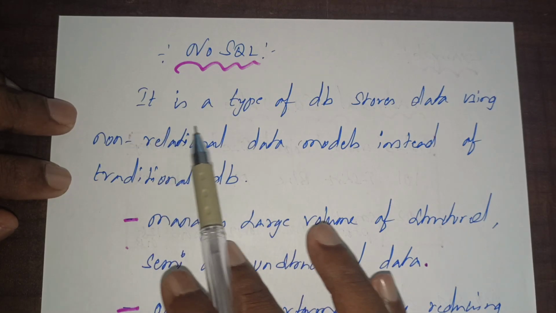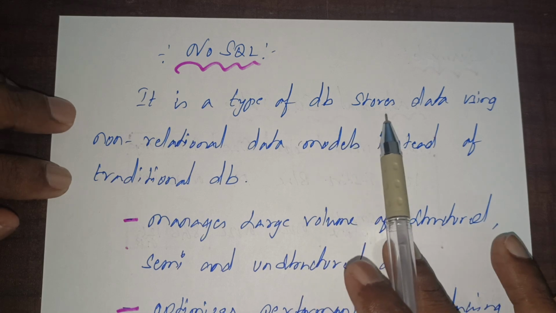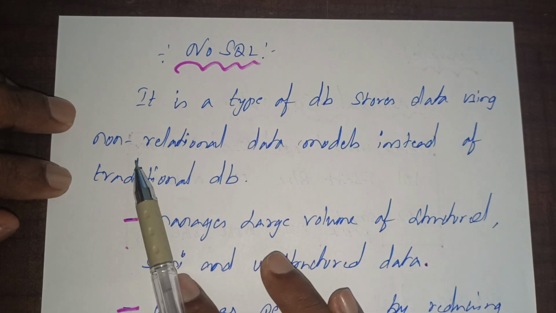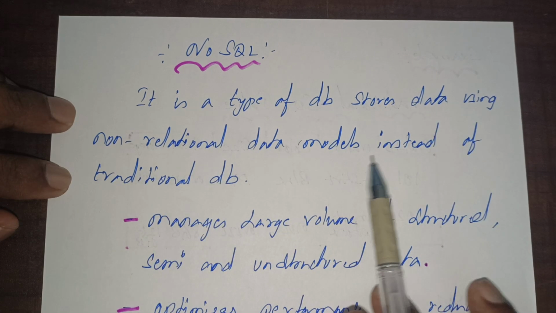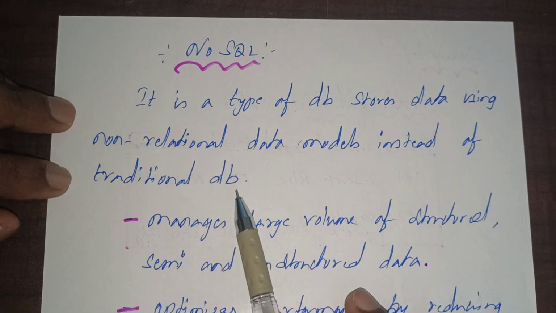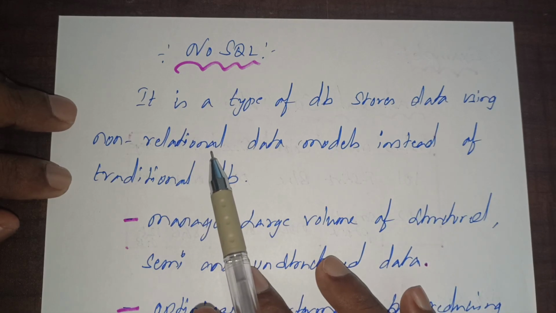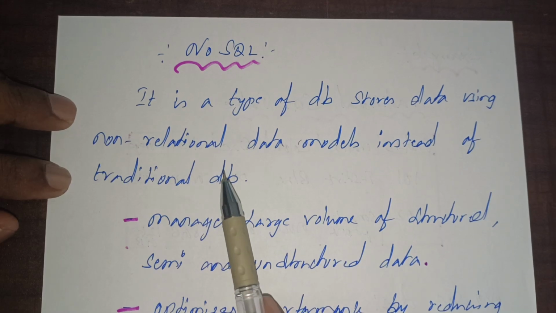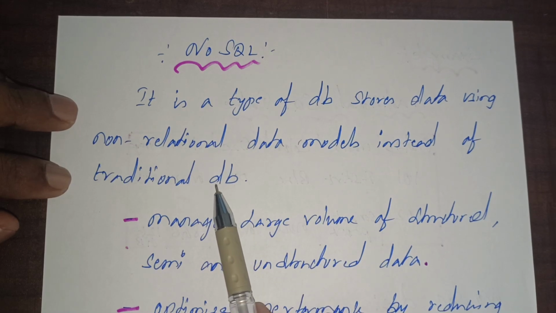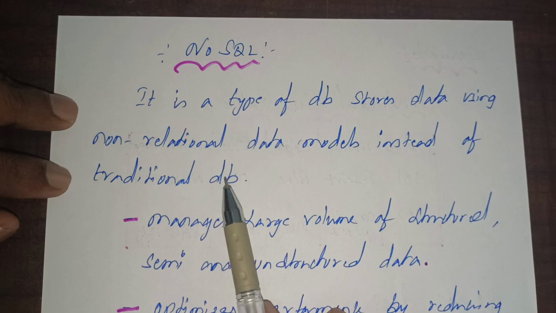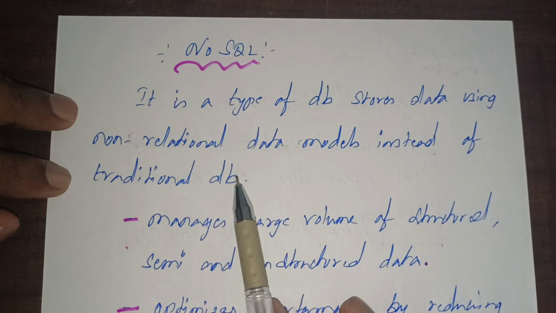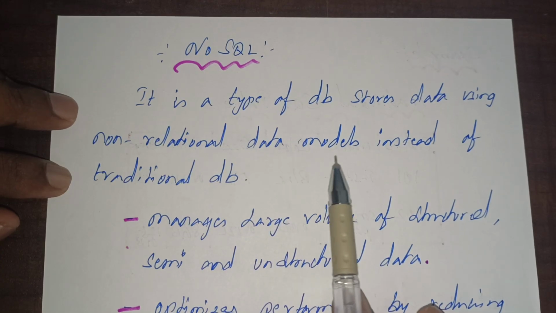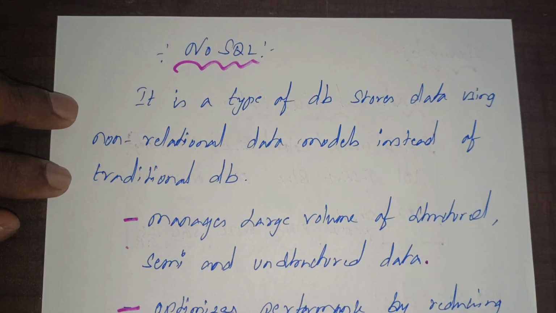Basically, it is a type of database which stores the data using a non-relational data model instead of a traditional database. What is non-relational? It is actually the opposite of the traditional database. Relational model in the sense every table has an access relation to another table, every key will have attributes, and every attribute will have a relational data model in a particular data structure.